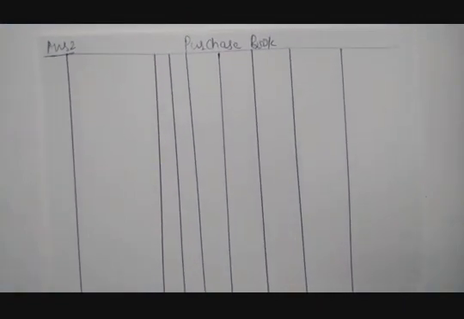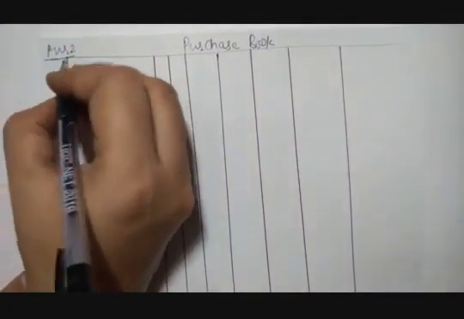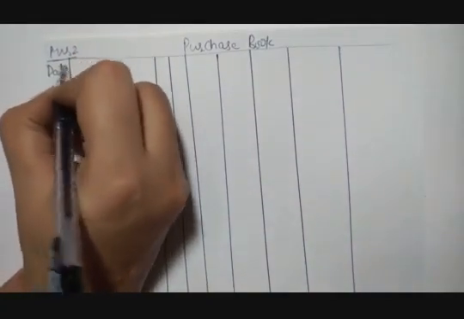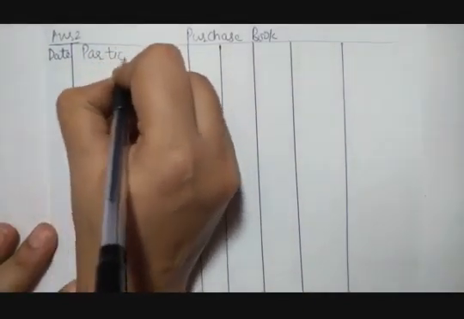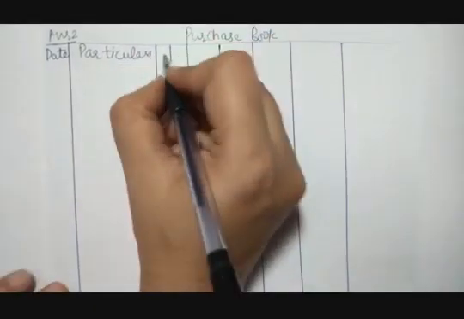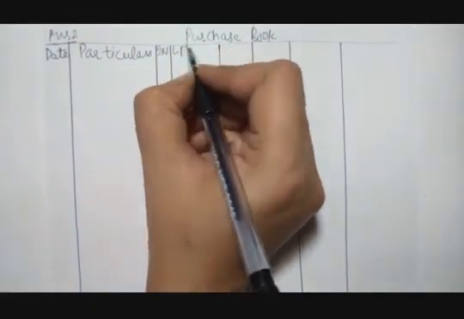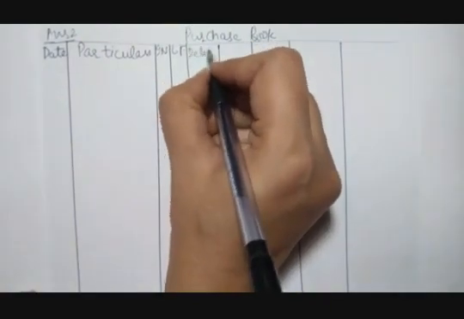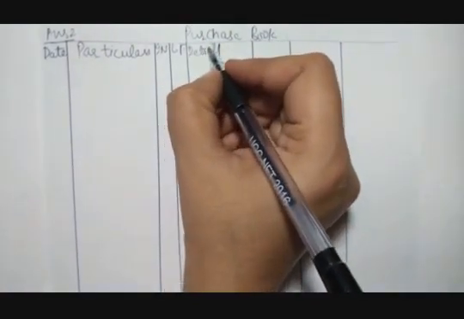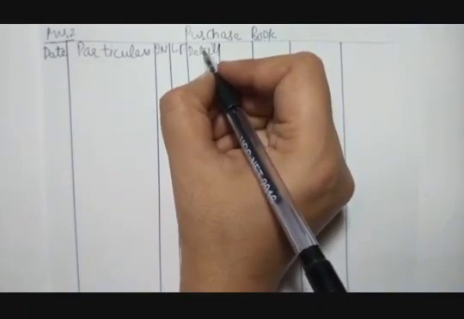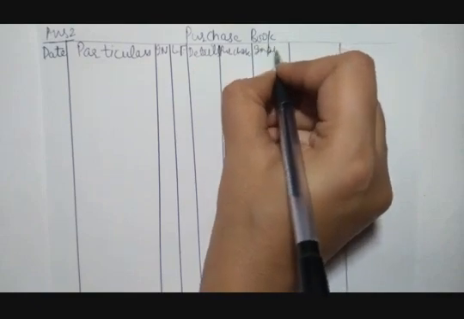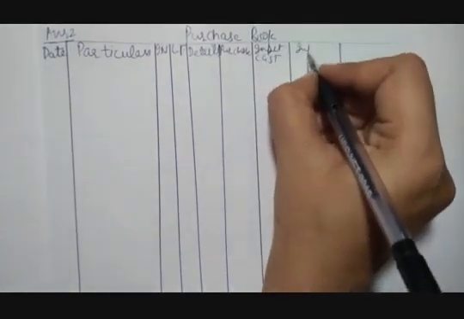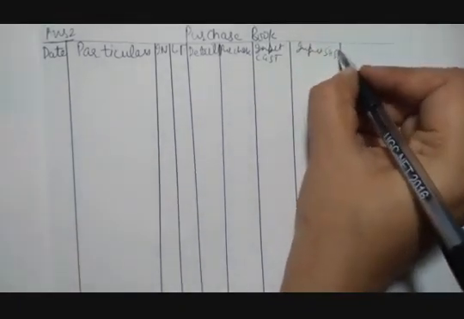So first of all we will have to write the date. Mention the date here. Then particulars, invoice number, ledger folio, details, purchase, input CGST, input SGST, input IGST also, and then the total column.